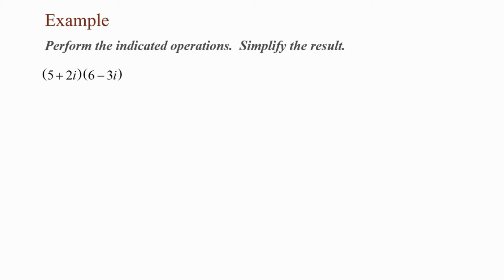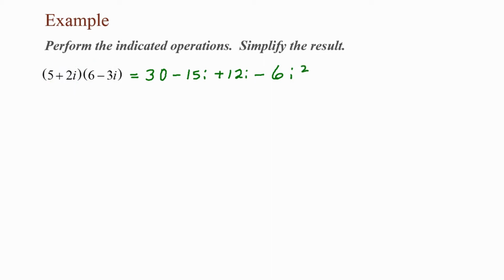In this example, perform the indicated operations, simplify the result. In one parenthesis, we have 5 plus 2i, in the other parenthesis, 6 minus 3i. We want to use FOIL to solve this. 5 times 6 gives me 30. 5 times negative 3i is negative 15i. 2i times 6 is a positive 12i, and 2i times negative 3i is negative 6i squared.